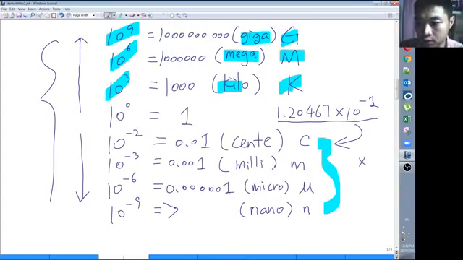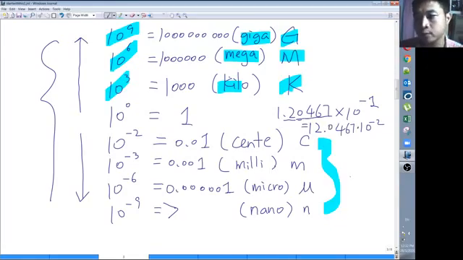So in order to get 10 to the power negative 2, you should give 1 zero to this, so you get 12.0467 times 10 to the power negative 2.